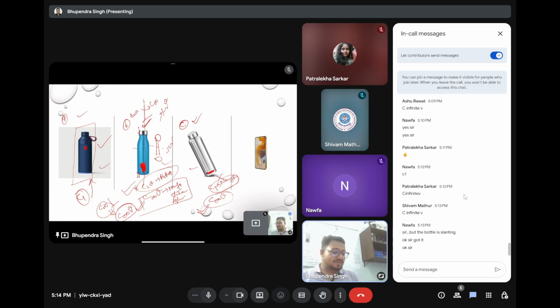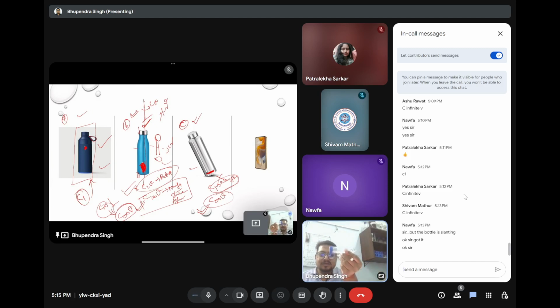Anyway, I'm telling you, it is not going to change your point group by slanting or inverting the bottle, or let's say this is your Falcon 50 ml. If you rotate it by some angle, or even if you invert it, the point group of this is not going to change anyway.